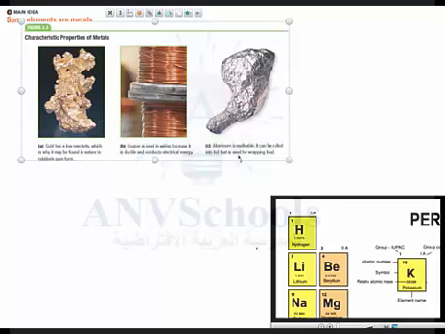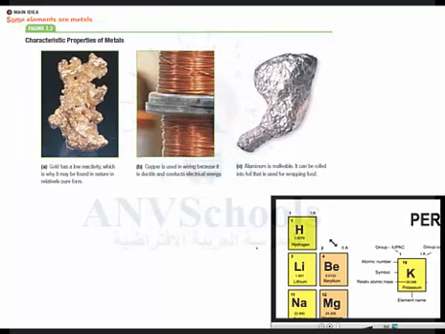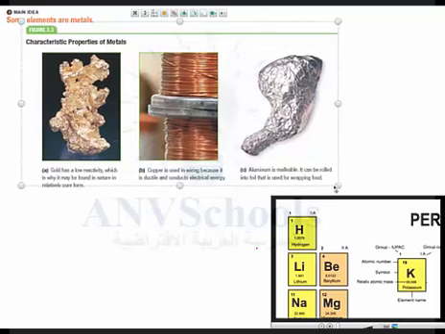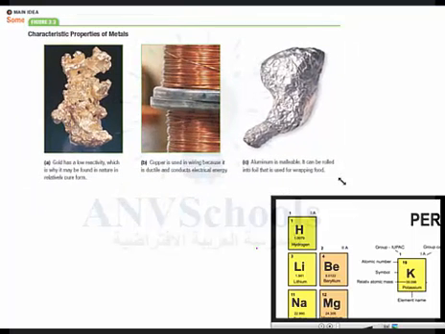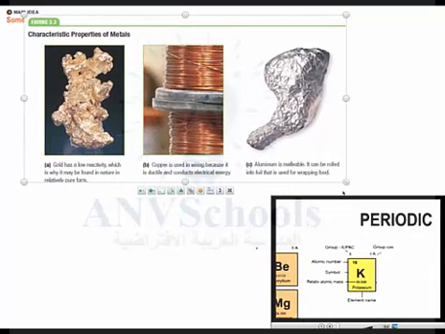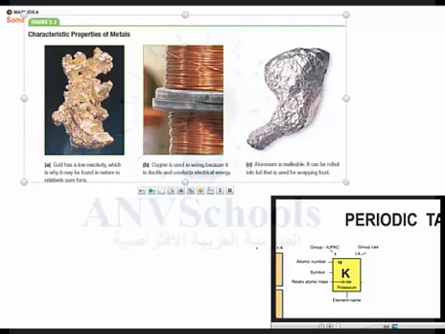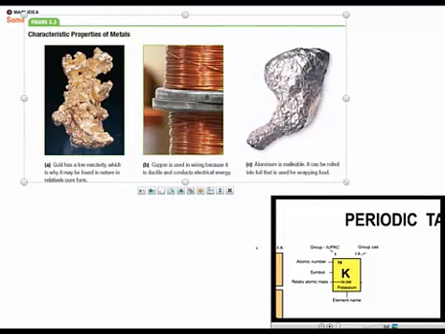They are also malleable, which means you can hammer them into the shape that you want. They are also ductile; you can make wires out of them.